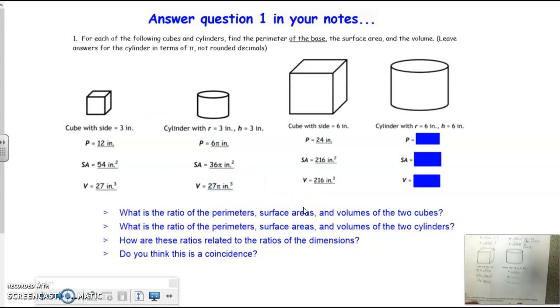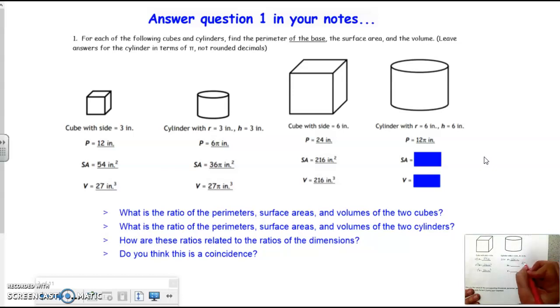All right, now let's do the same thing for this cylinder. So the perimeter, again, is 2 pi r, so that's going to be 12 pi inches. And then the surface area is 2 times the area of the base.